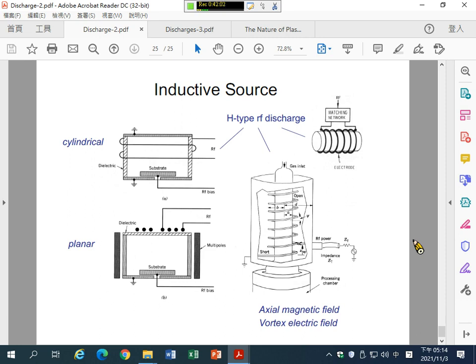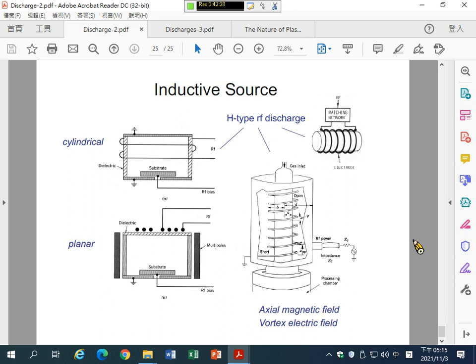And this type of discharge, inductive discharge, is H-type. Actually, H is the magnetic field, so there is a magnetic field involved in this discharge.